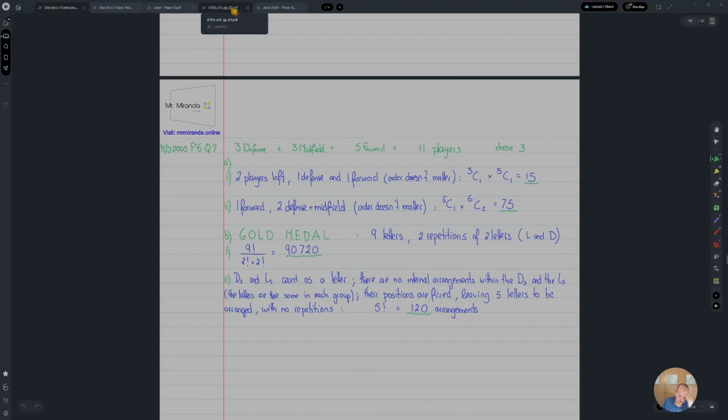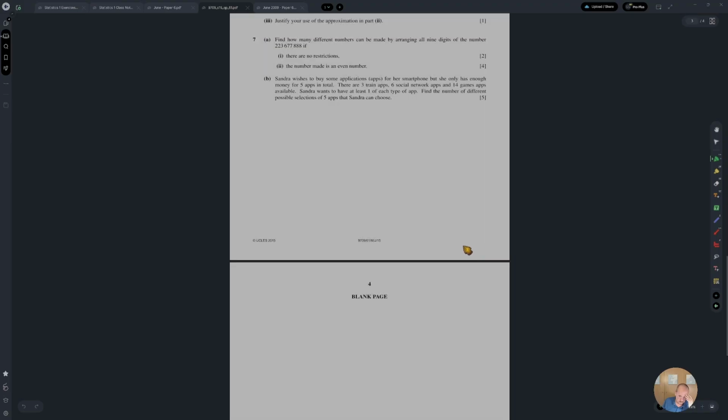Next question is from a spring 2015 paper, paper 61, and it's question 7 over here. Find how many different numbers can be made by arranging all 9 digits of the number 223,677,888 if there are no restrictions first. This is similar to the word problem.